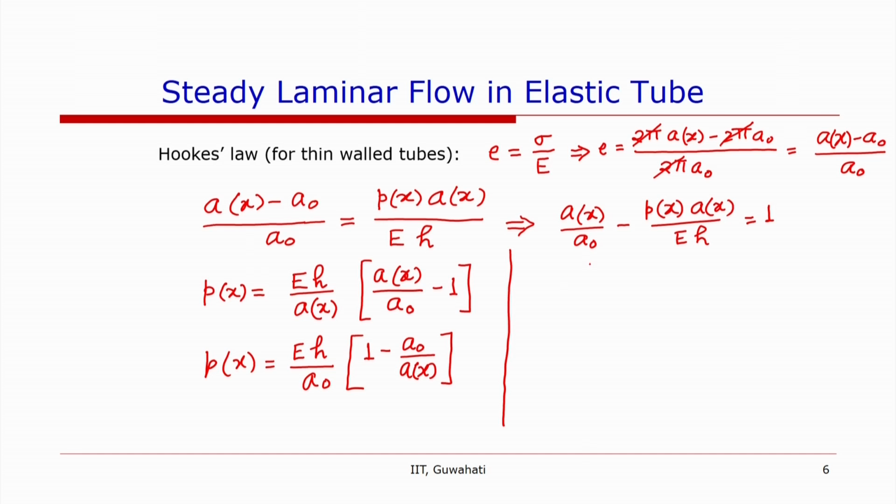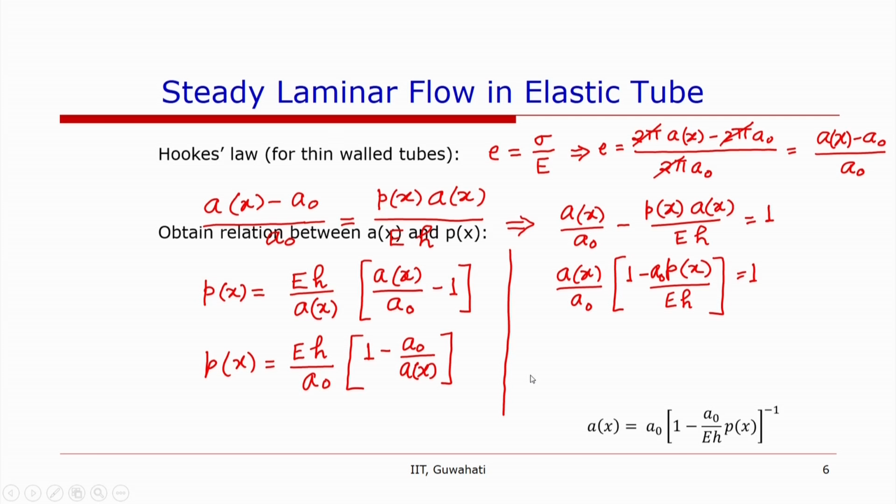If we take Ax by A naught outside, then we have 1 minus Px A naught by EH equal to 1, or Ax is equal to A naught times 1 minus A naught by EH Px, and because it has been taken on this side, the whole is to the power minus 1.